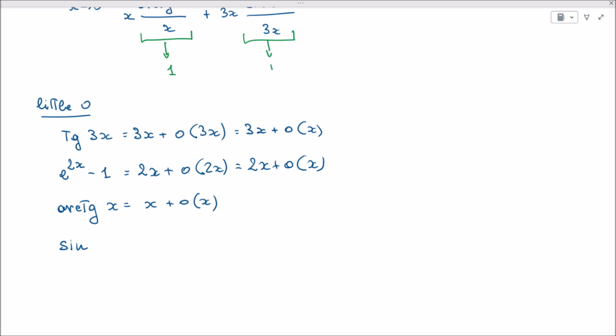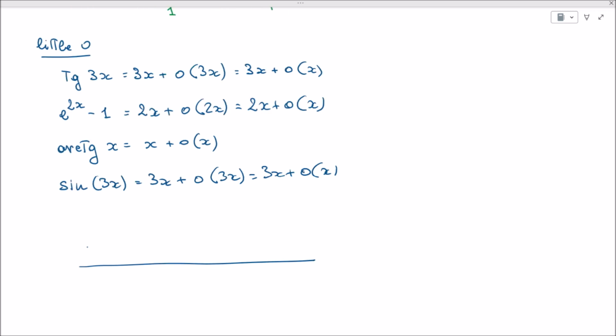Okay, now we are ready to replace the functions with their corresponding expansions, and what we get is, well, tangent of 3x becomes 3x plus little o of x. E to the 2x minus 1 becomes 2x plus little o.